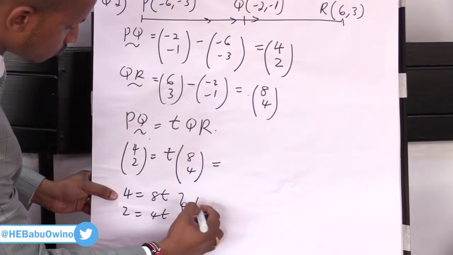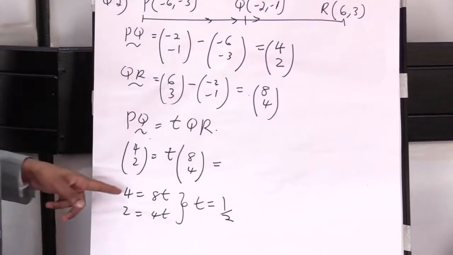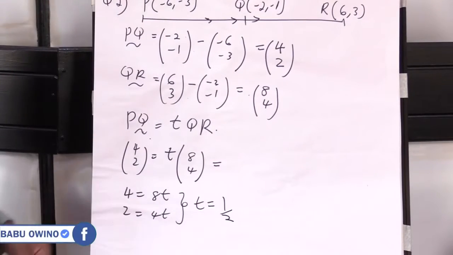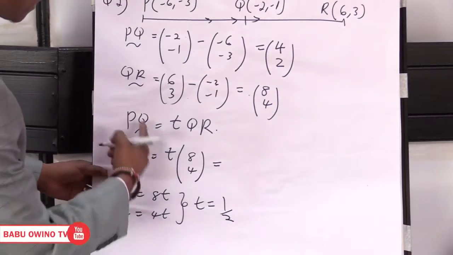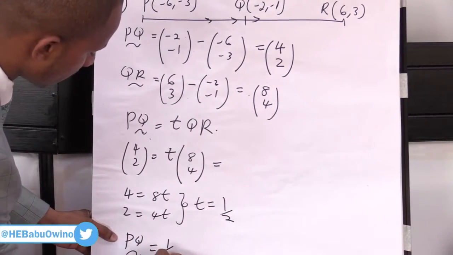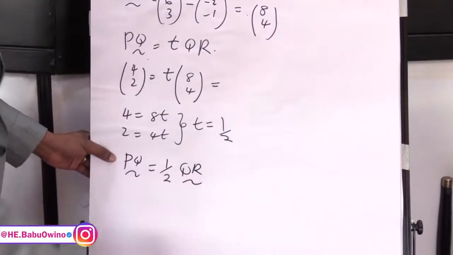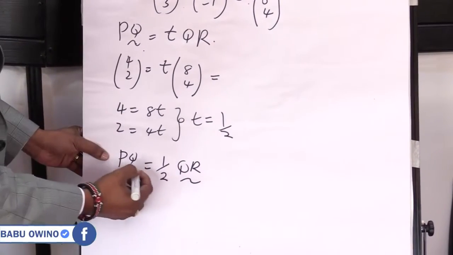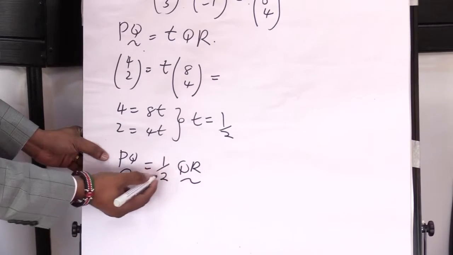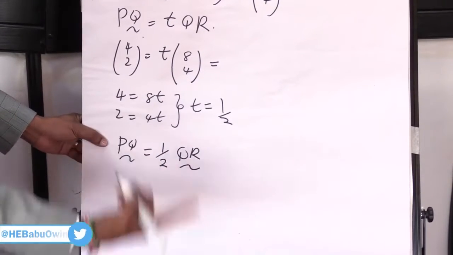So therefore from these two, t equals a half. This is 4 over 8 or 2 over 4, which is a half. So you write it nicely from here. You say PQ equals a half of QR. Therefore, PQ is a scalar multiple, a half, of QR, or QR is equal to 2 of PQ.